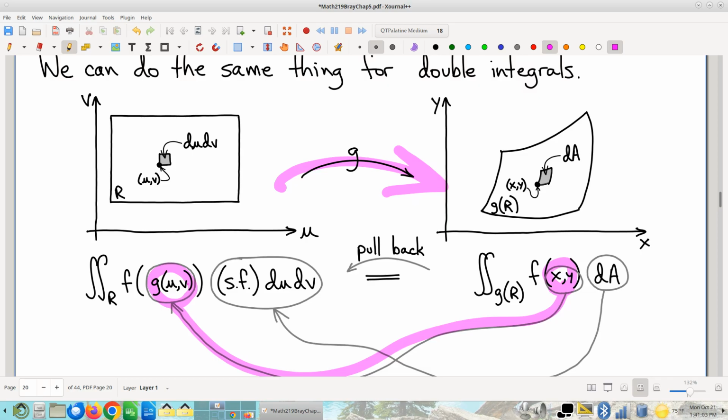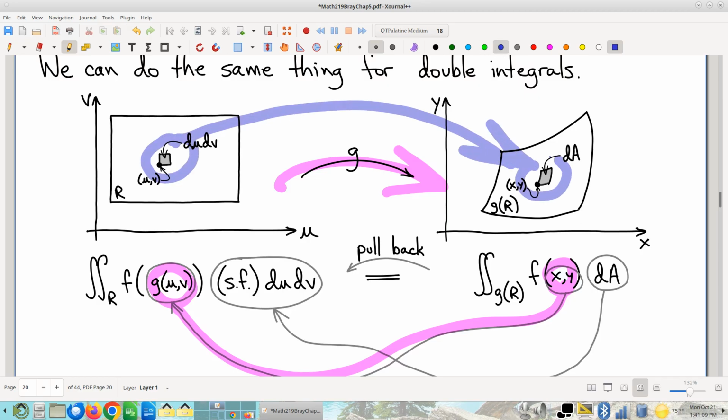What is non-trivial is recognizing that we are stretching out areas. So this little piece of area du dv is just not the same as its little image piece of area in the xy plane. They're not the same. It depends on g, and how it depends on g is by way of this stretching factor.